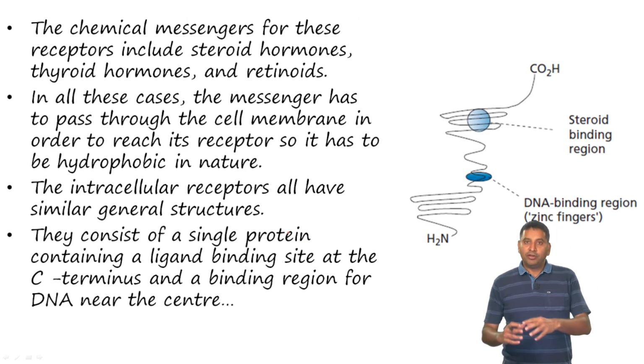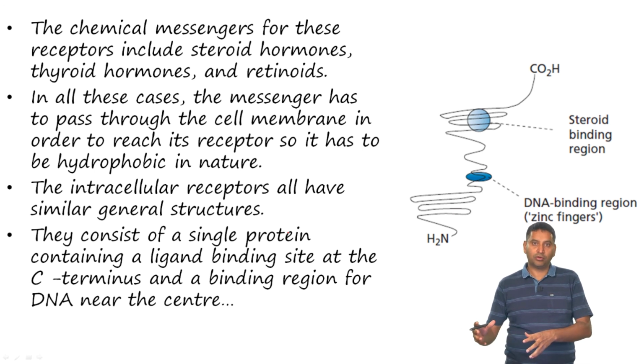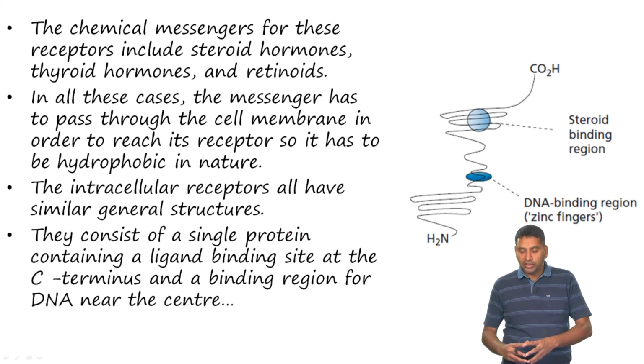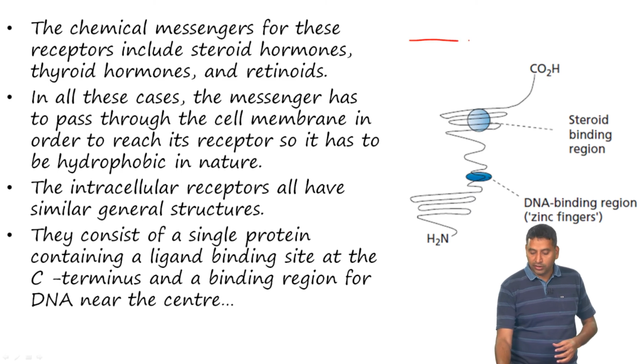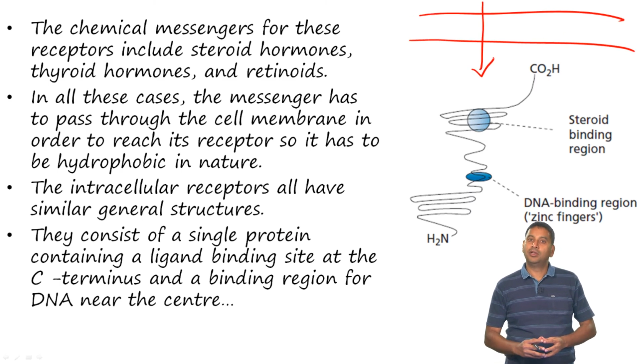When we look at the chemical messengers for these receptors, they include steroid hormones, thyroid hormones and retinoids. In all these cases, the messenger has to cross the cell membrane, get inside and then find the domain where it can bind to these receptors and lead to activation.